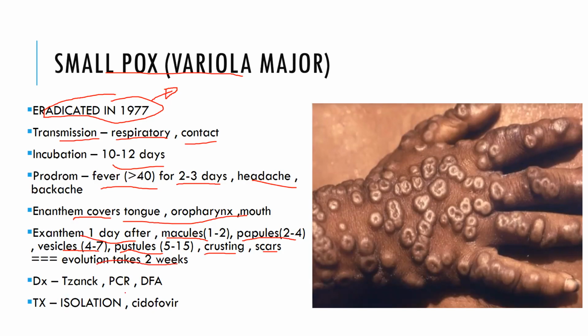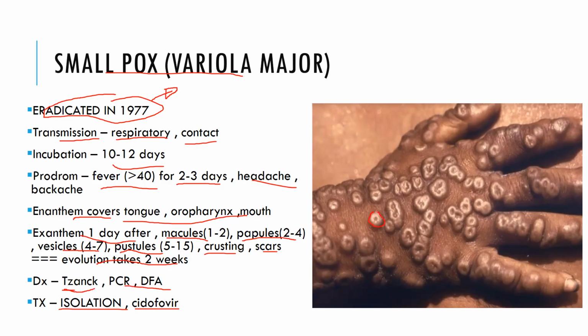The diagnosis can be made using PCR and direct fluorescent antibody, but a Tzanck test can also be done since these viruses can be seen on routine staining. For treatment, you have to isolate the patient, and the antiviral that can be given in this case is cidofovir. As we can see in this picture, this is what we call an umbilicated papule.